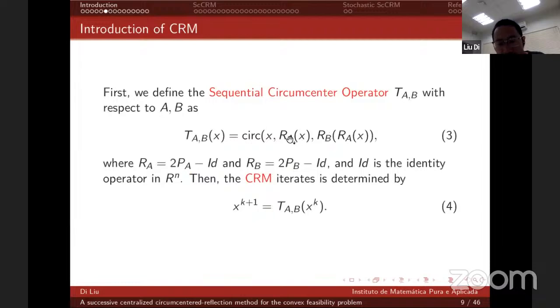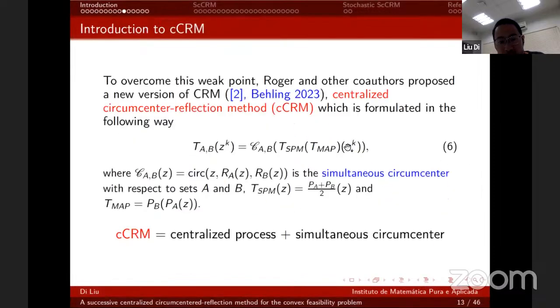Here we do the circumcenter simultaneously. So in one word, the centralized circumcenter reflection method is the centralized process plus the simultaneous circumcenter.